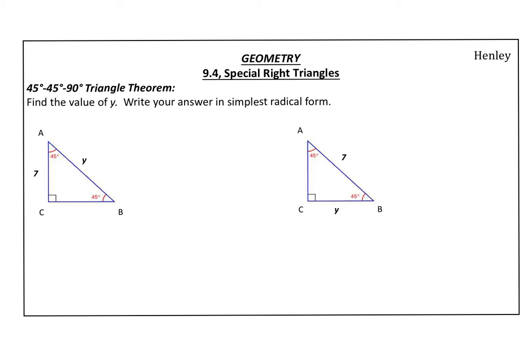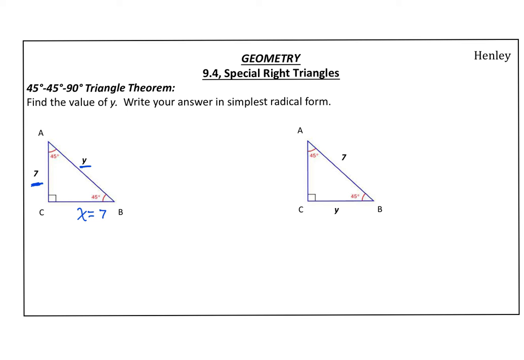Now let's do the first problem together. So we are told that one side is 7. We don't know the other side, so we're going to call it x. And y is our hypotenuse. So if one side is 7, the next side x is going to be equal to 7.